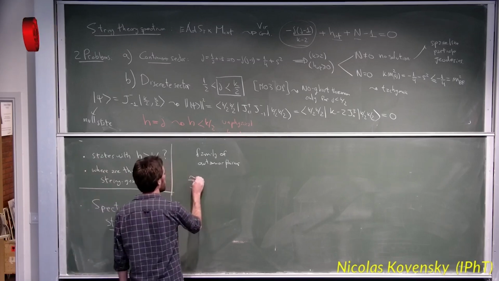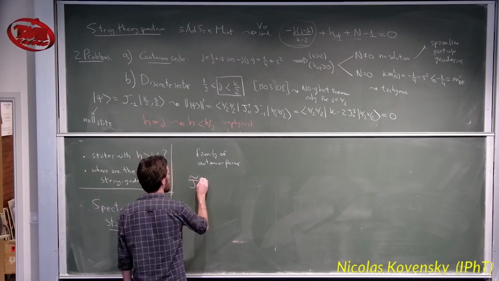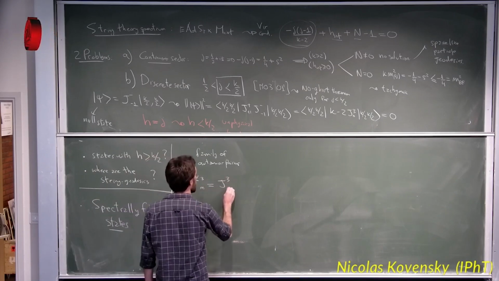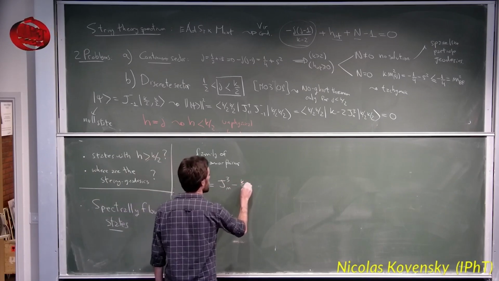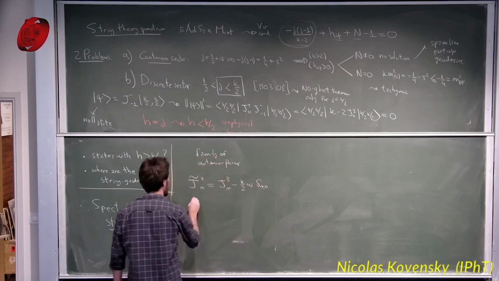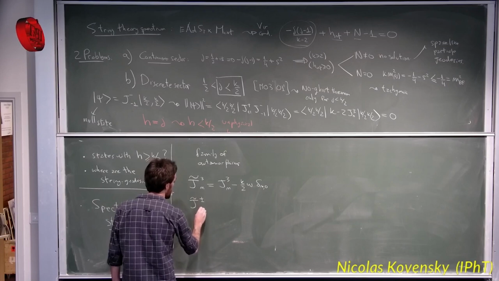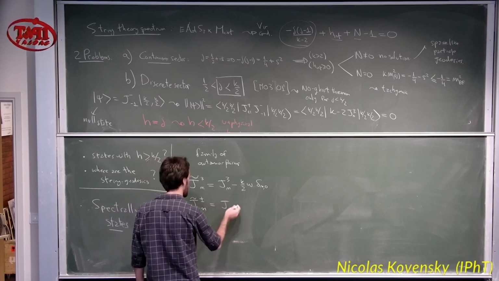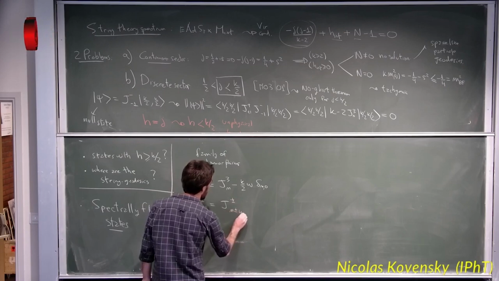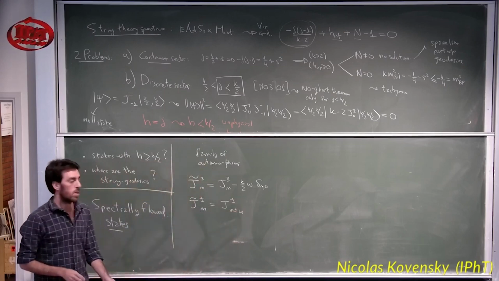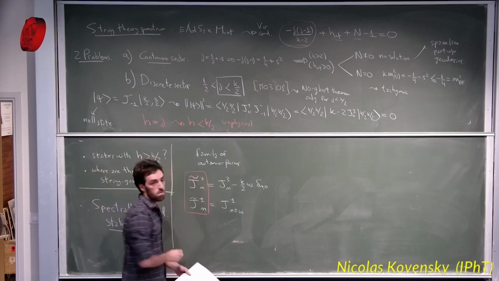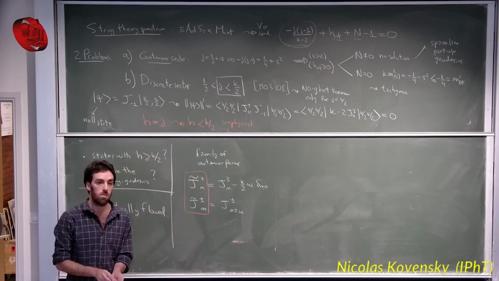And what you get is that if you define currents that look like this, then these satisfy again the same affine SL2R algebra.